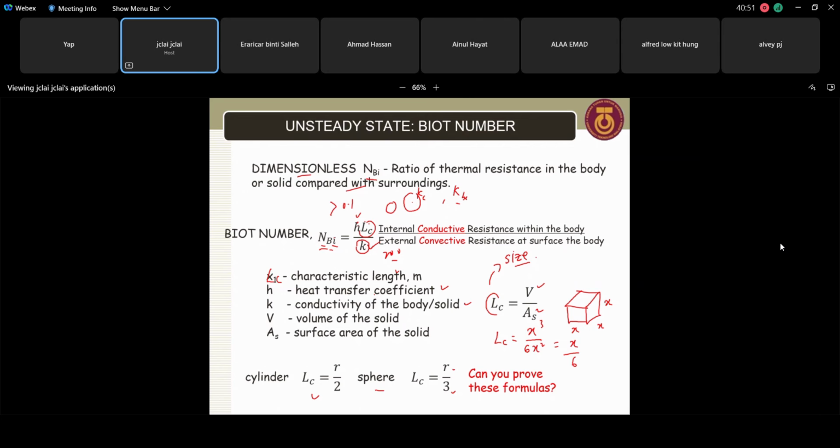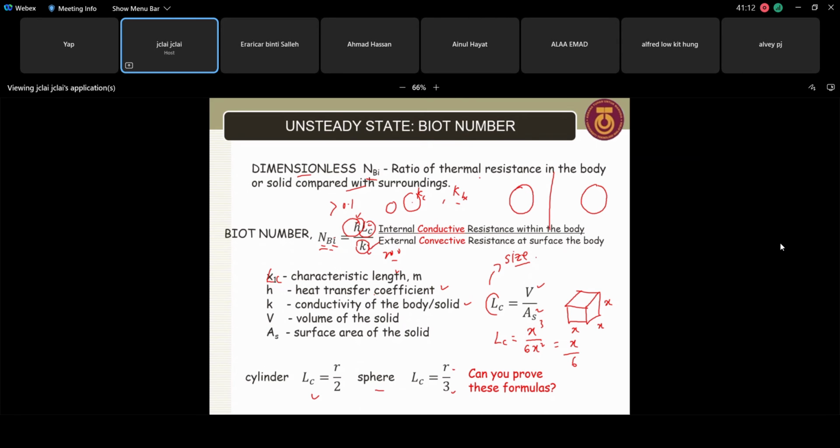Okay, then what happens to H? H is also directly proportional. What does it mean? Let's say you have this object, a copper ball. K is fixed, LC is fixed, but there are two different conditions.